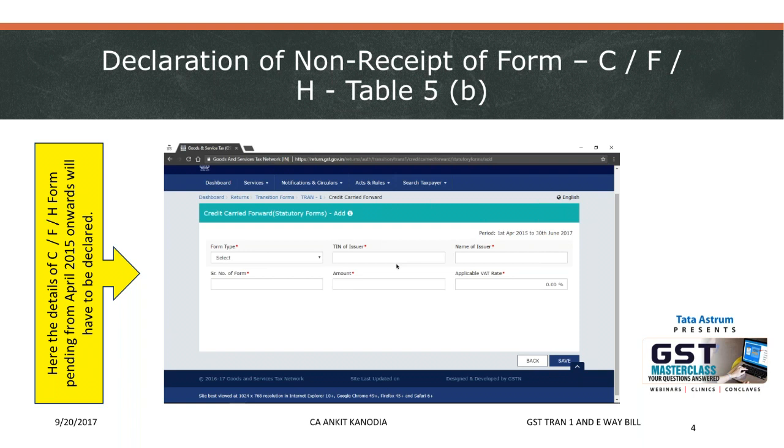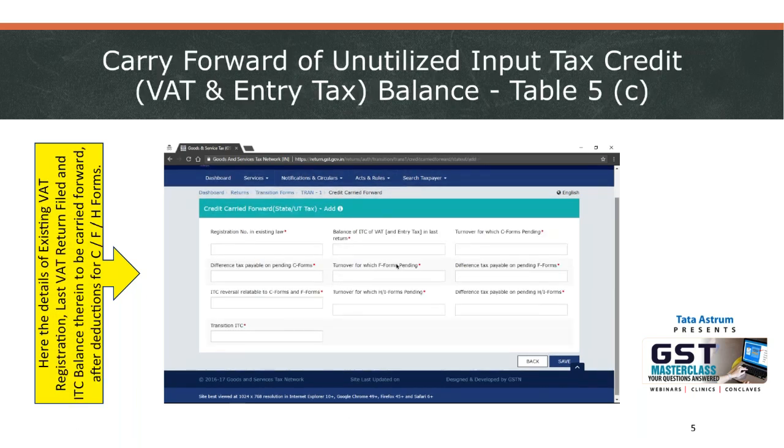But here in column 5B, they are only asking for details of statutory forms received for which credit is being carried forward. So suppose you have received the F form, C form and that credit is still being carried forward under the GST regime, then you have to give this detail. Otherwise, this detail is not required if you are not carrying forward any VAT credit under the GST regime.